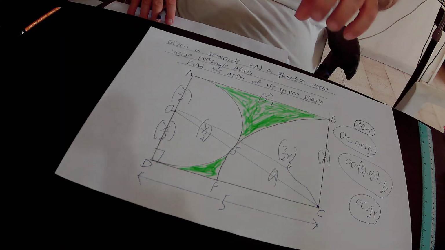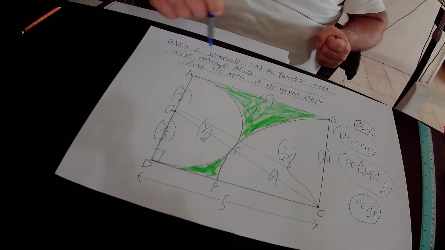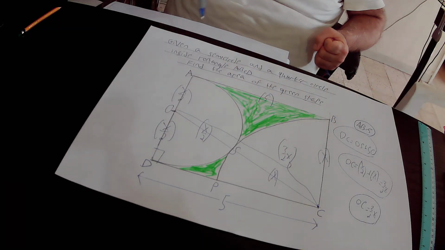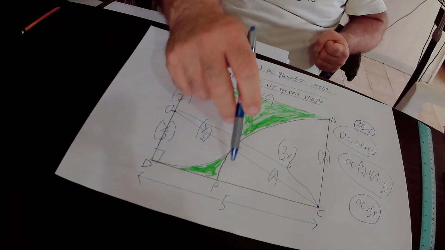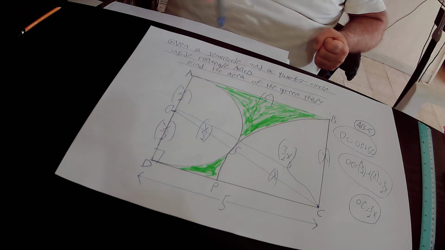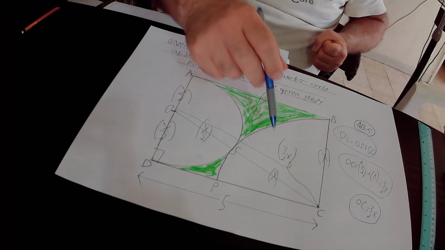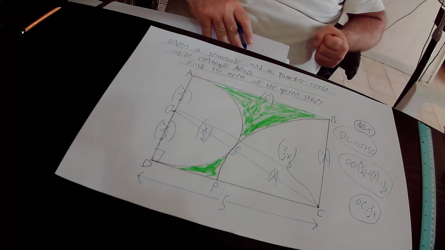And from the drawing it is very easy to see that the area of this green shape equals the area of rectangle ABCD minus the area of this semicircle minus the area of this quarter circle. I'll write it down.